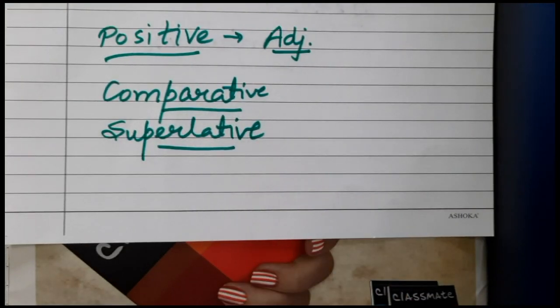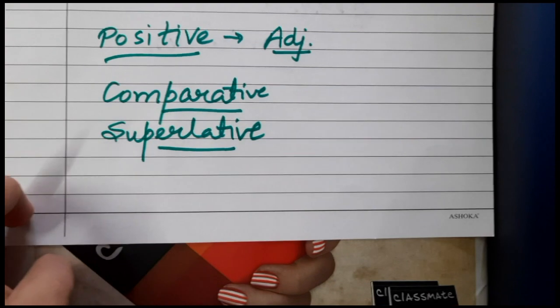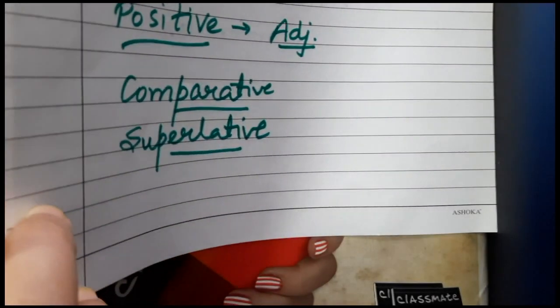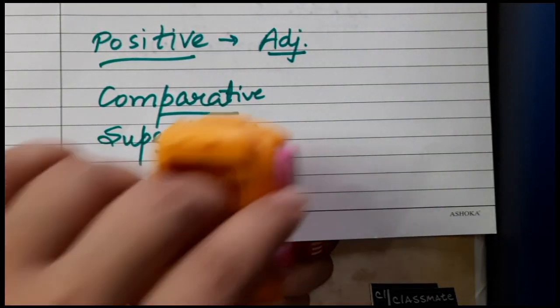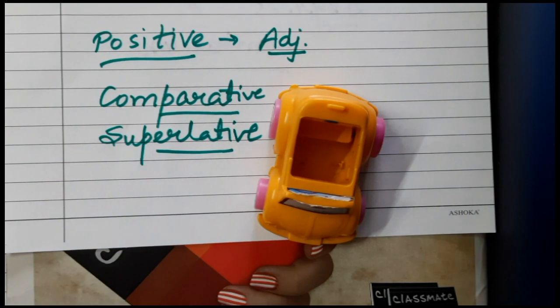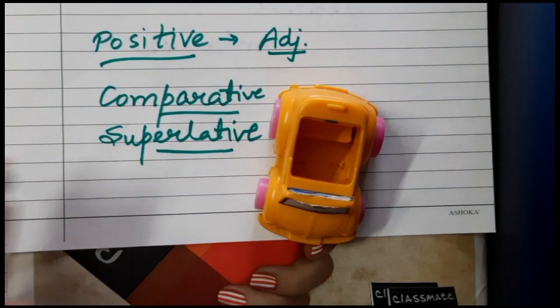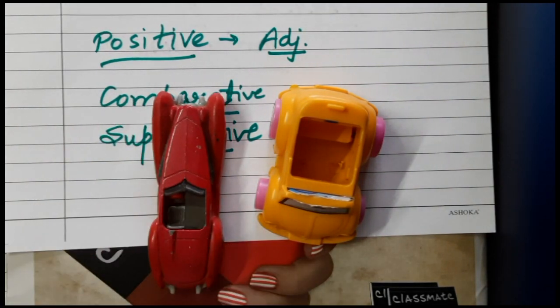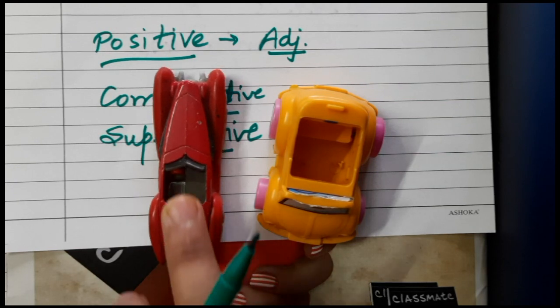So what happens when I use comparative degree? Comparative degree is used, dear children, when we want to compare between two objects. Then my adjective changes. Let us see how. Let us take our two objects again. For example, if I say this is a car, and this is a sports car, and I want to compare between the two.